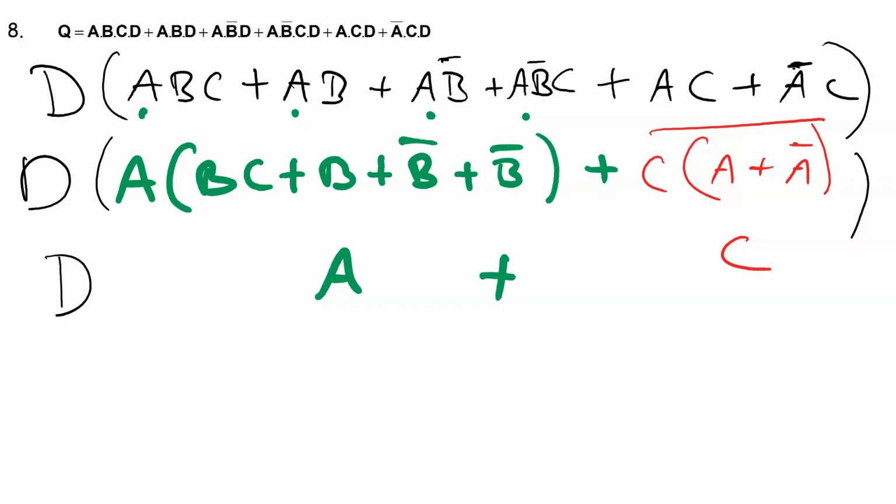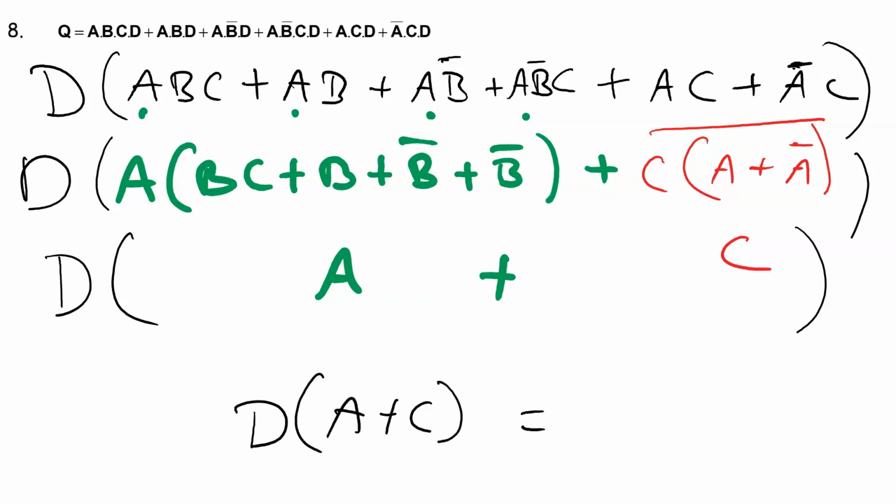It's still got a D on the outside. I think that's as simple as it goes. We can't make it any simpler, can we? So you can either write it as D, A or C, or just D, A or D, C. I think either would be fine. Doesn't really make a difference, does it?